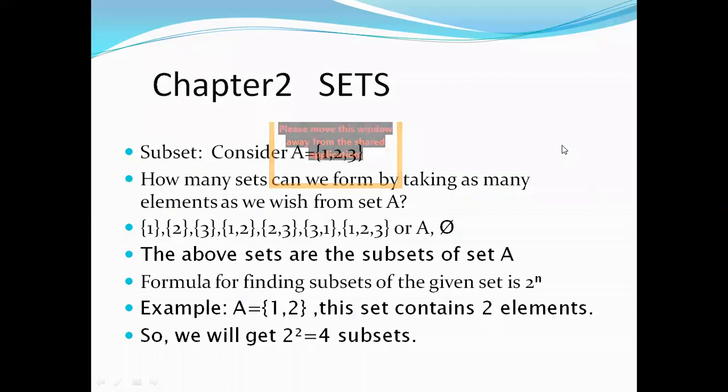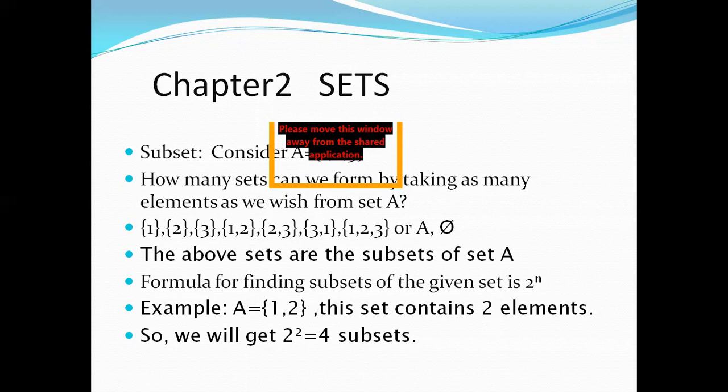Subset. Many people have got a doubt in this: what is a subset actually, and how to make the different subsets of the given set. First of all, what is a subset? Subset means the elements which are present in the given set.